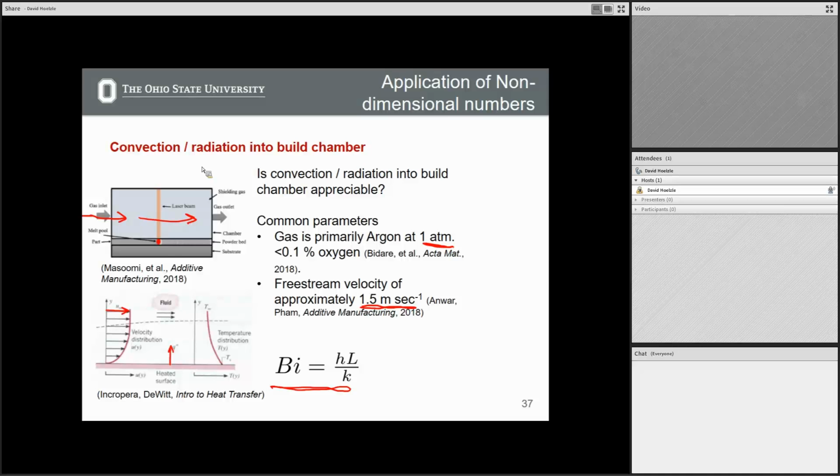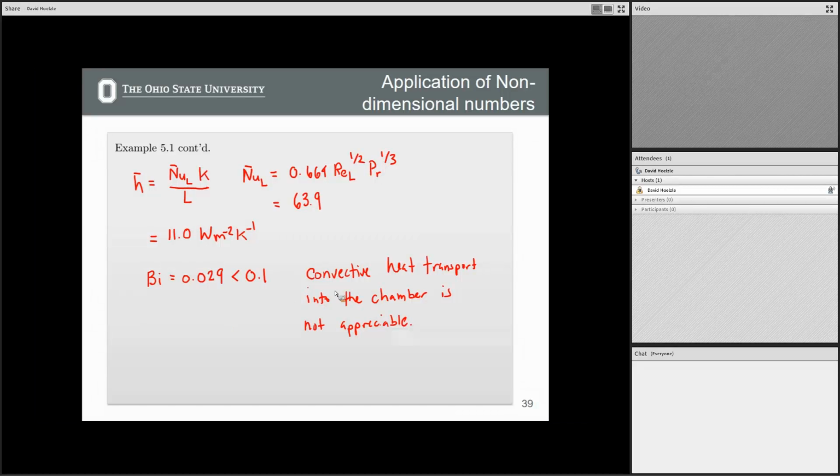Basically, heat transfer from this very top surface to the air above, which then gets exhausted out into some other internal part of the system. We calculated the Biot number, which is how we look at this problem to understand whether it is appreciable or not. The main message is that the Biot number was low, and so we said that the convective heat transport into the chamber is not appreciable.